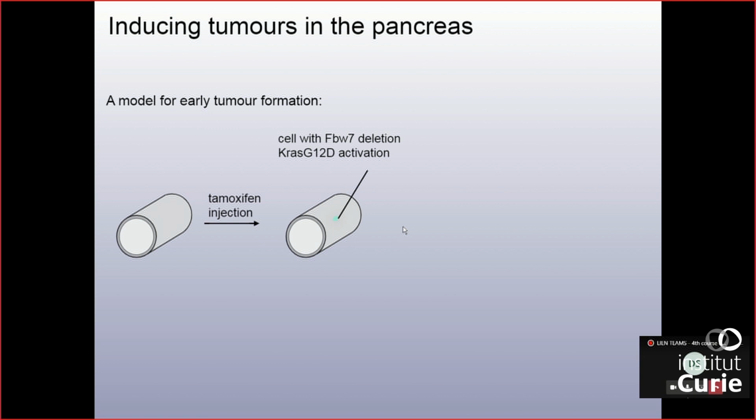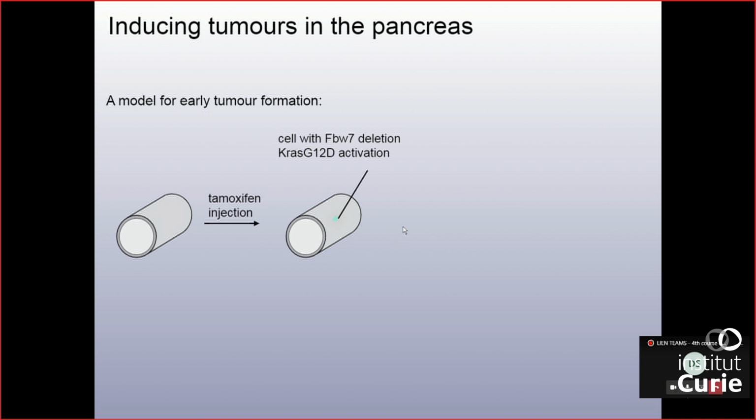And then they have models, mouse models, meaning that the mice are genetically modified so that if one injects tamoxifen, some of the cells in the pancreas will randomly react to this, and this will trigger a genetic modification. Here there will be the deletion of an oncogene, this FBW7, and the deletion of a tumor suppressor gene, and the activation of an oncogene.